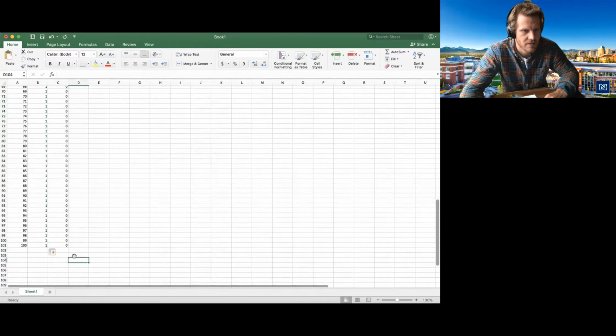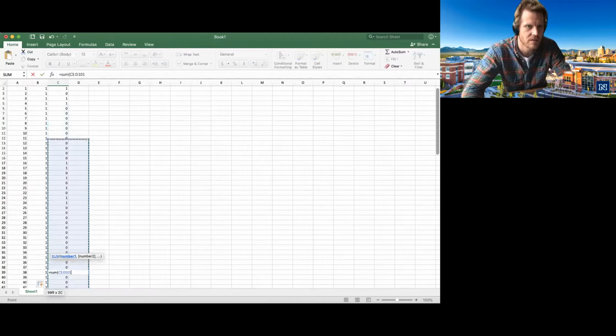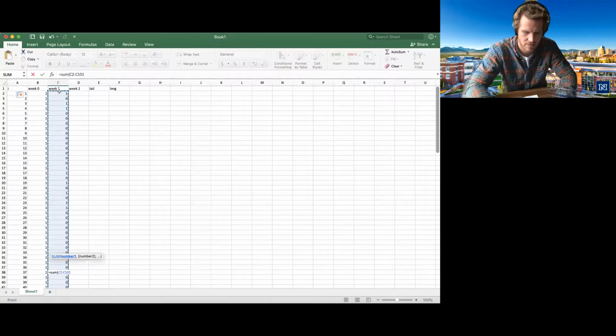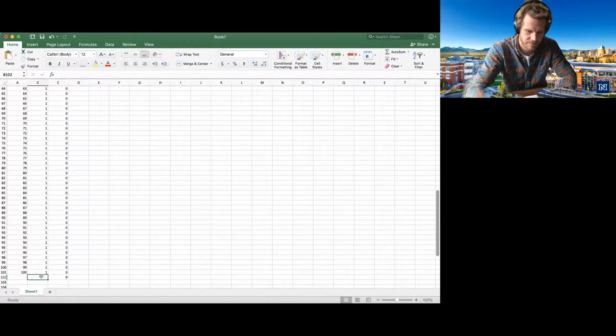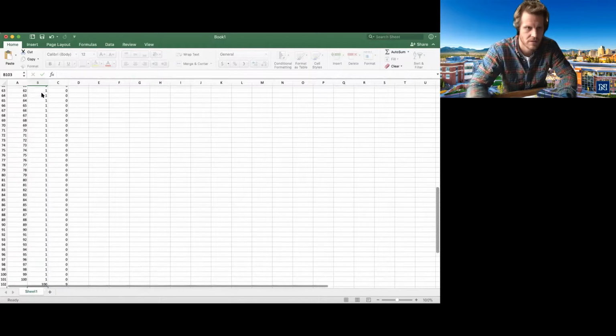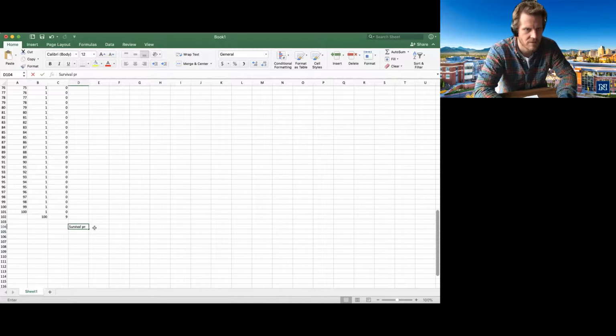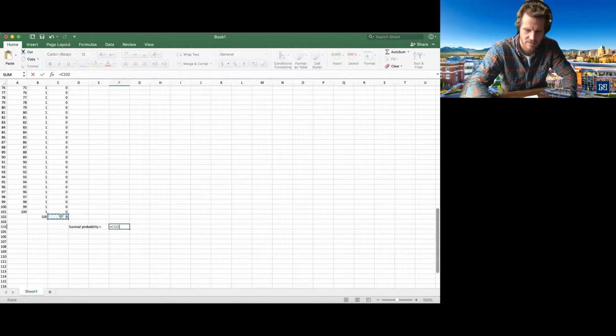Let's see if I remember my Excel commands. We saw 9 here. We can add up all of these ones. You can see why I put this column of ones here. And then say survival probability equals this divided by this. 9%.